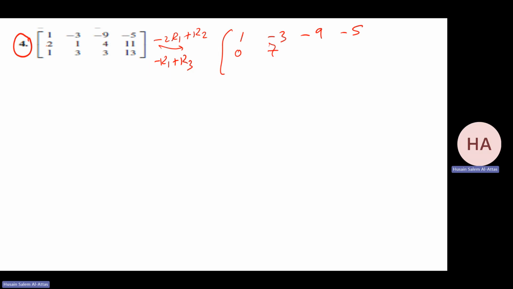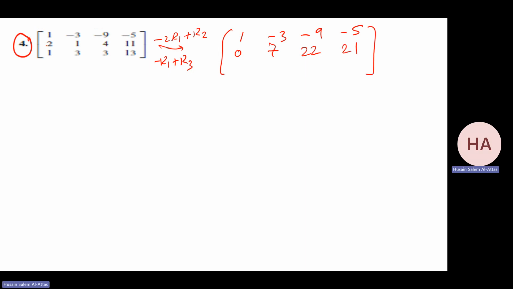Minus 2 times minus 9 is 18, plus 4, that gives me 22. Minus 2, 10 plus 11, that gives me 21.